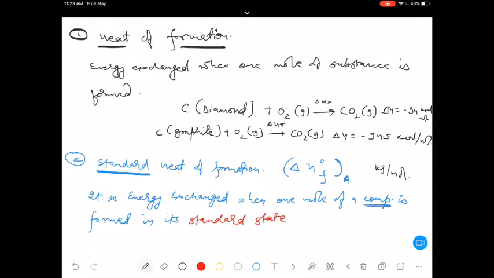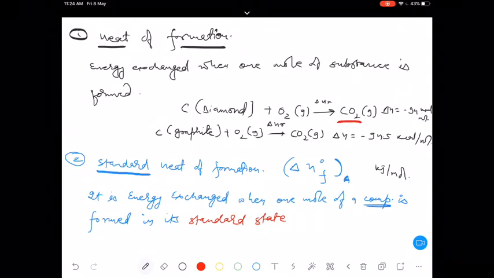First important part: when 1 mole of compound is formed in its standard state. See, here I have taken carbon dioxide. Instead of this I could take water. Formation of water from different processes we can write.